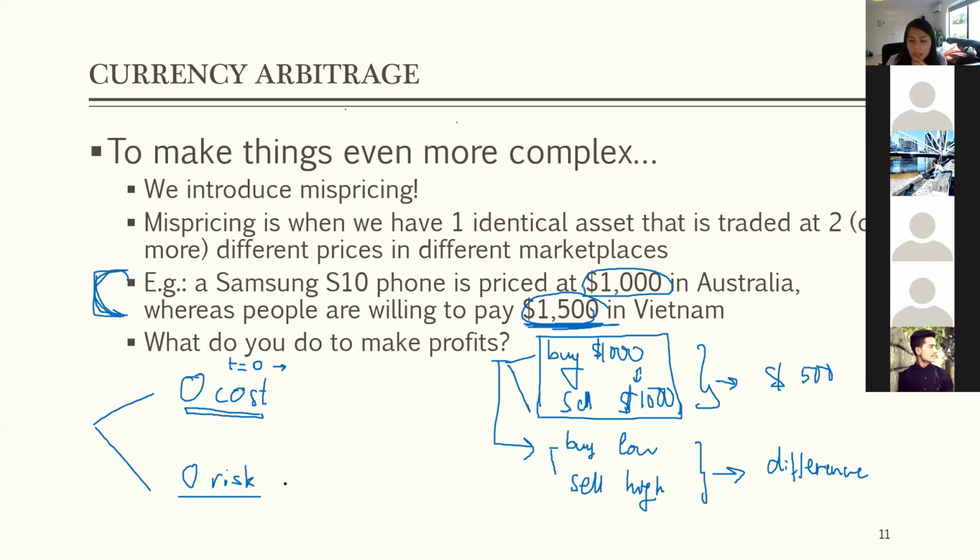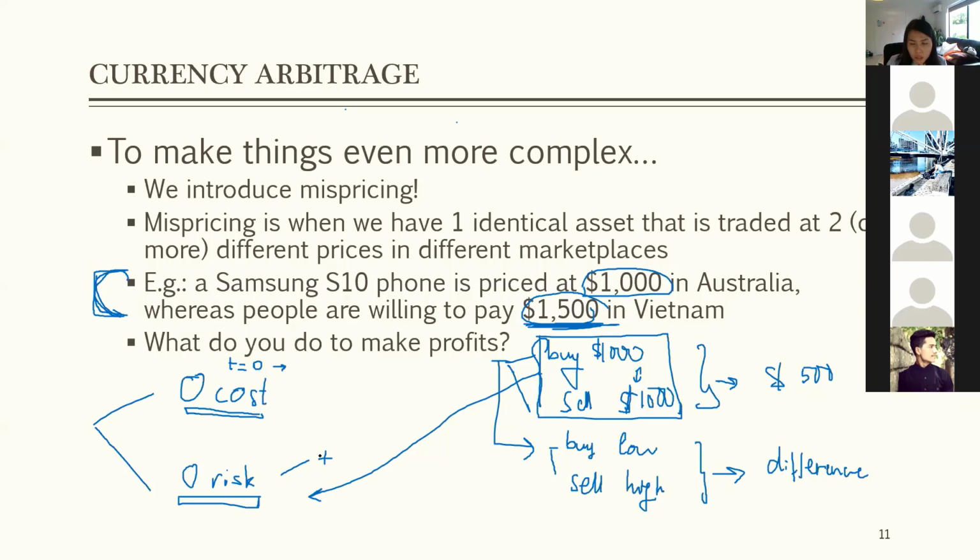Okay. The second point is it has to be zero risk. So in this example, you don't bear any risk here because your two positions in two markets perfectly offset each other, right? So in one market, you acquire a phone.